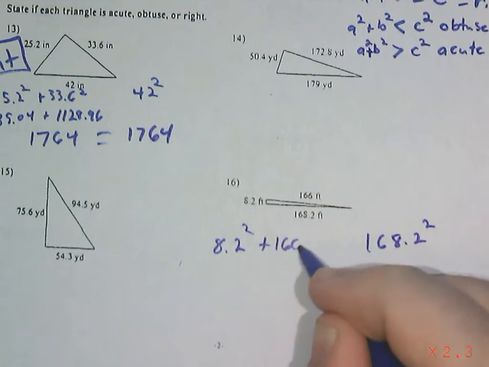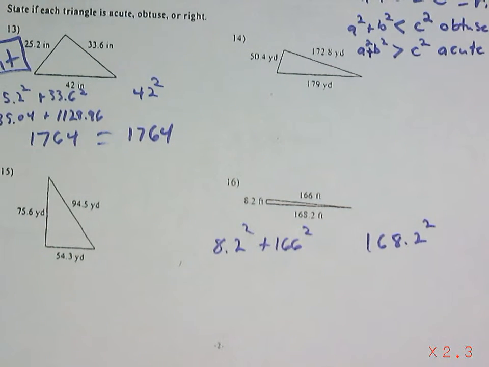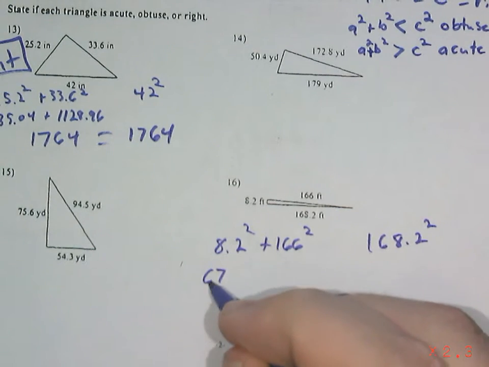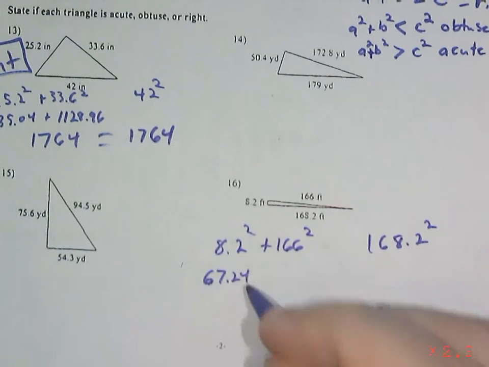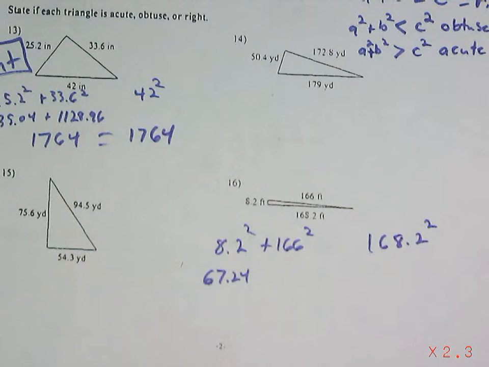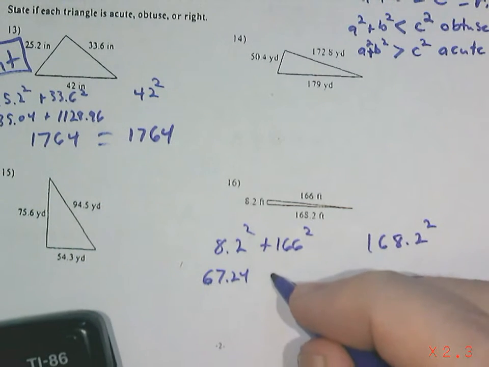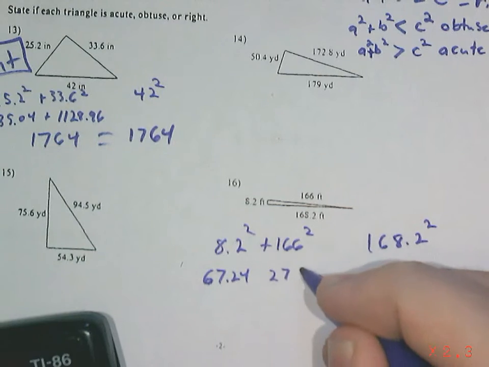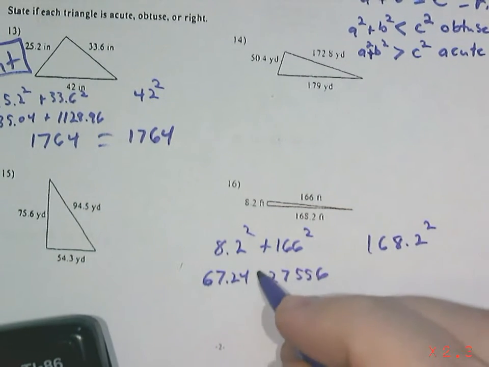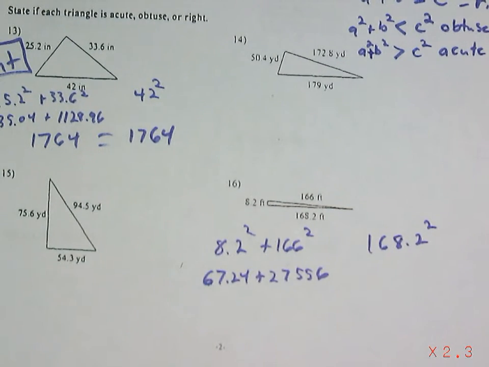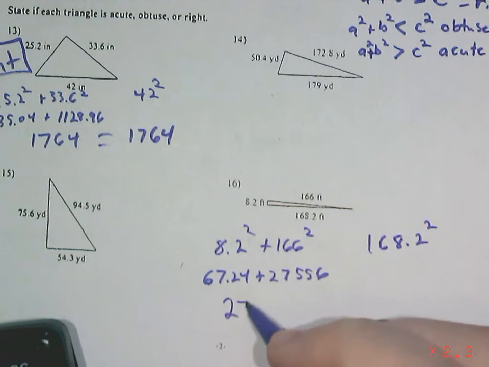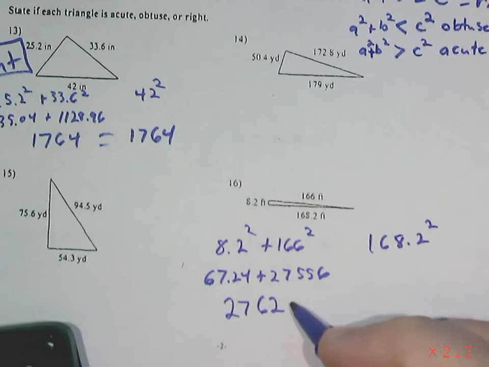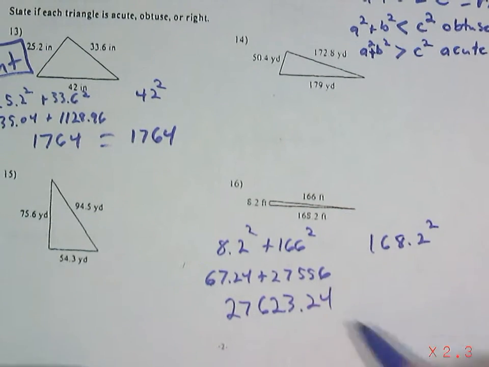So 8.2 squared is going to be 67.24, and 166 squared is going to be 27,556. Then we add them together, and we get 27,623.24.